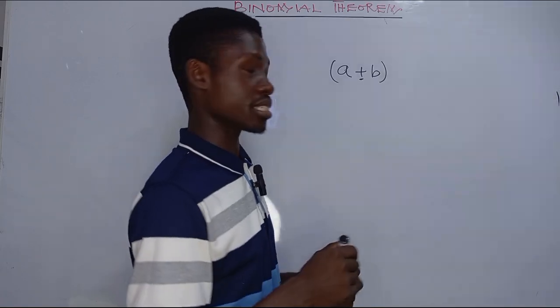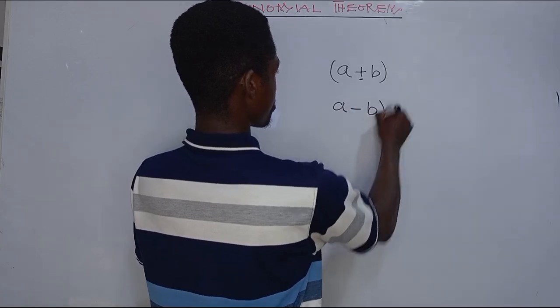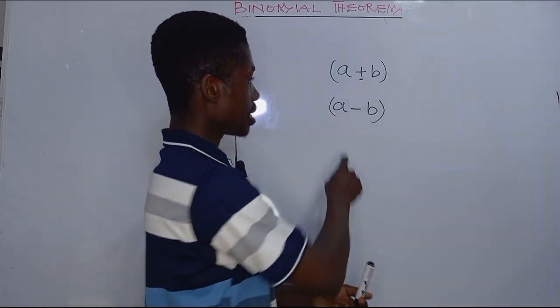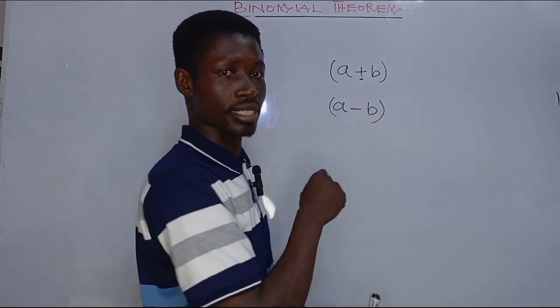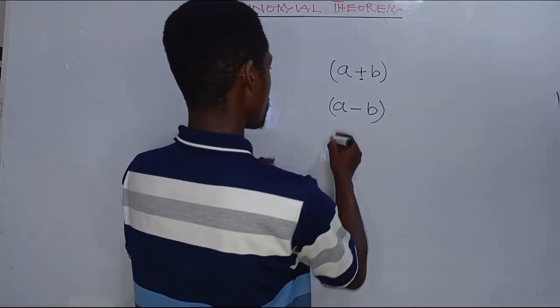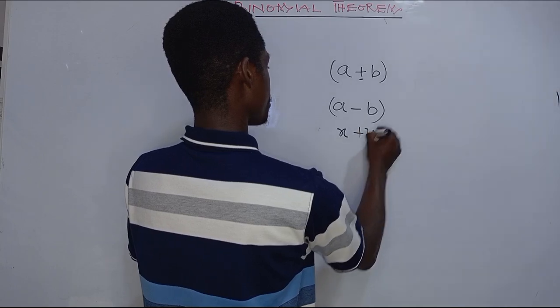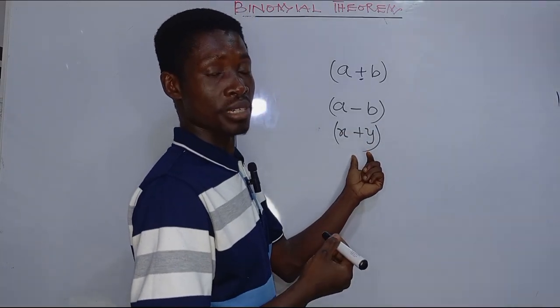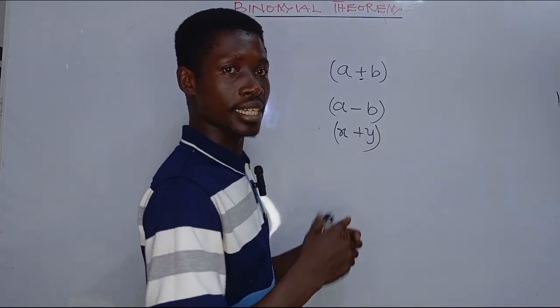Examples of binomial expressions are A minus B, which is a binomial expression because it contains two terms, the first term and the second term, connected with the subtraction sign. Another example is x plus y. This is also a binomial expression because it contains two terms connected with the addition sign.